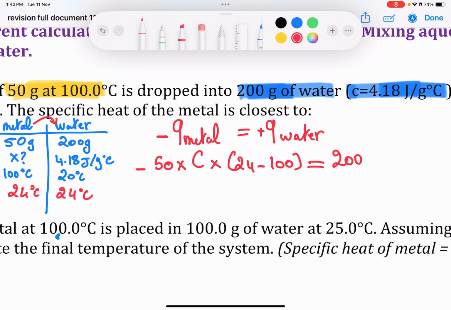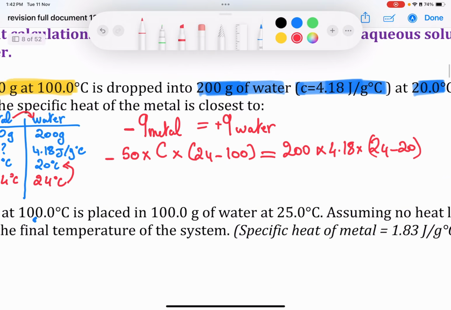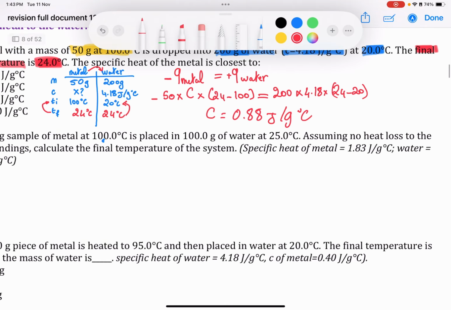Mass of water, specific heat capacity of water, and T final minus T initial of water, 24 minus 20. And then you start solving. Once you finish solving, you'll get the specific heat capacity of the metal is 0.88 joules per gram Celsius.